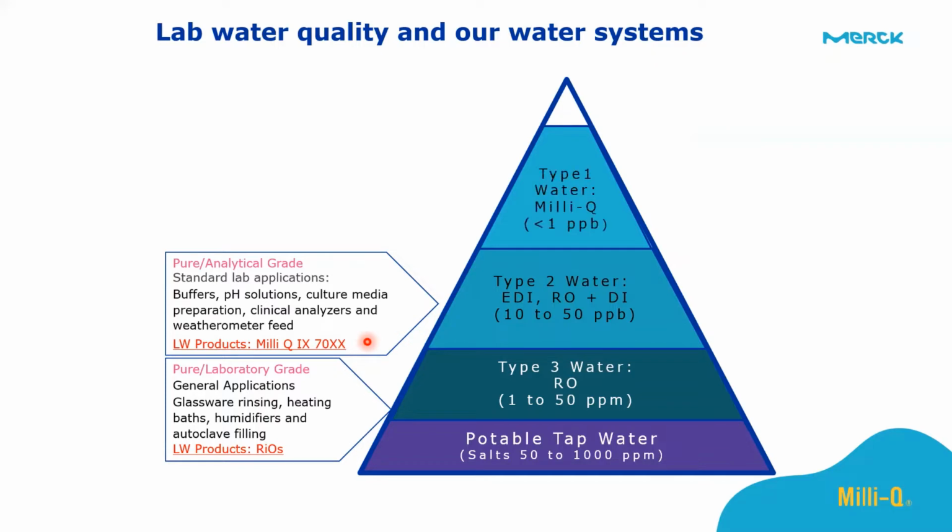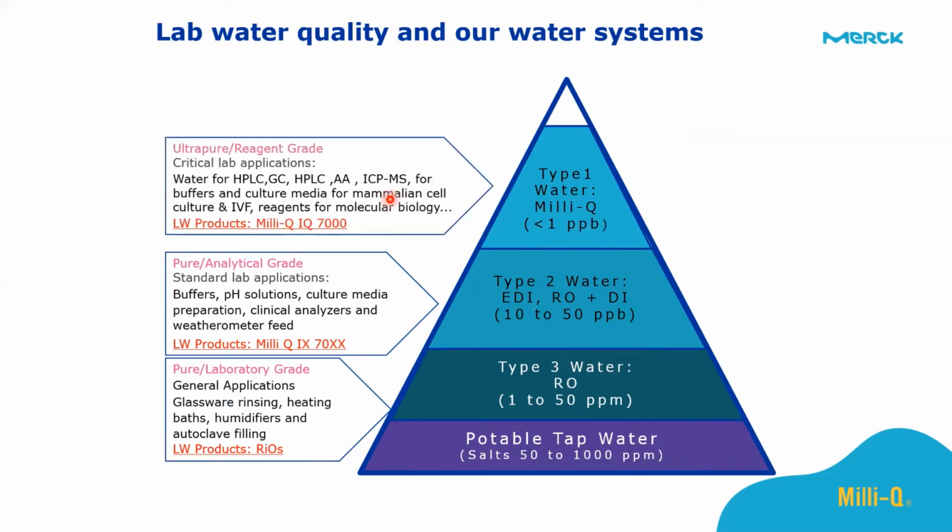Then, of course, we have type 1 water, and you can see it's now at sub-ppb level. This is used for critical analysis: chromatography, gas and liquid chromatography. We also have elemental analysis, preparation of culture media for mammalian cell culture, also in IVF, and in molecular biology.